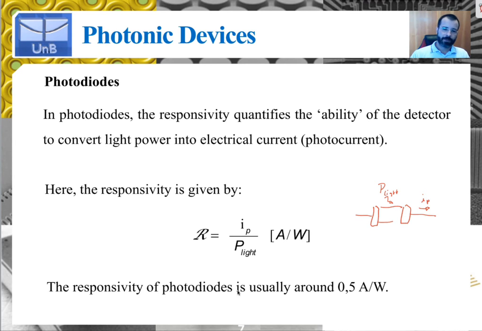And typical values for the responsivity associated with photodetectors, photodiodes, is around half an amp per watt, so 500 milliamps per watt.